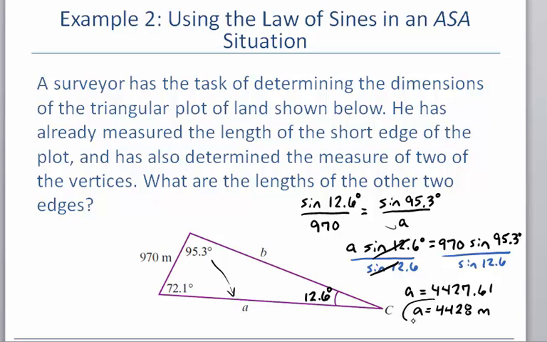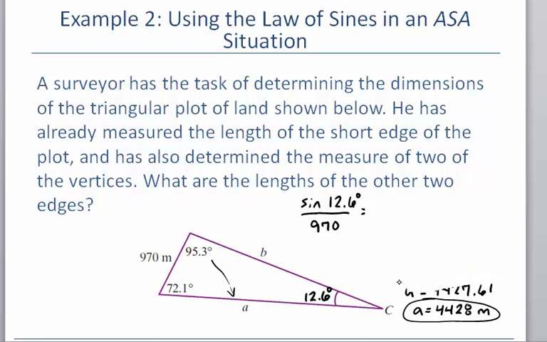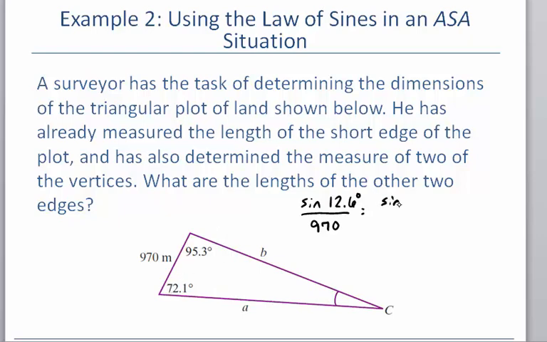Now we're going to set up a similar expression in order to allow us to solve for side B. We're going to use the fraction that has the c's in it again, but now we're going to use B. And so I'm going to have sine of 72.1, and we're going to divide it by side B. And we'll work it the same way.